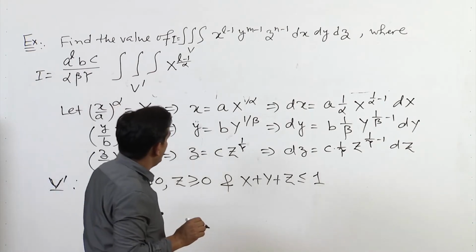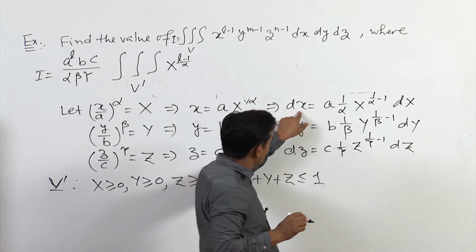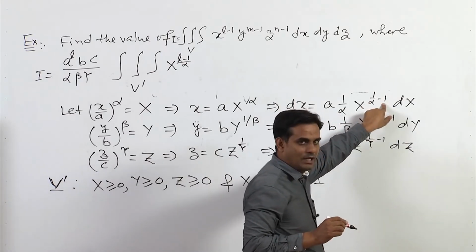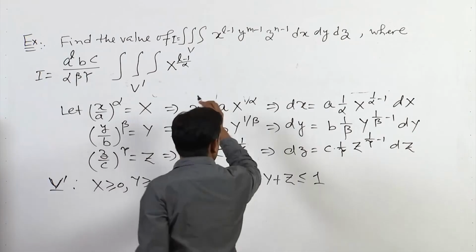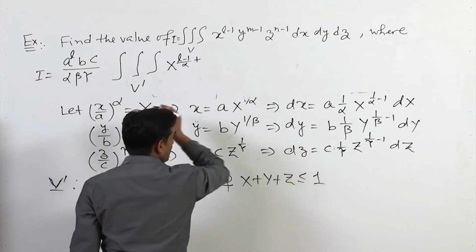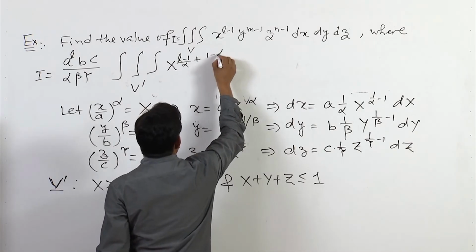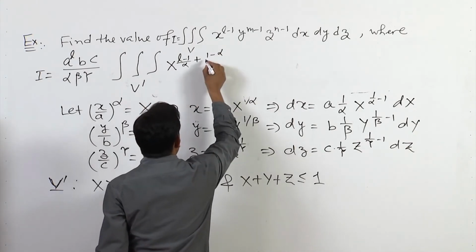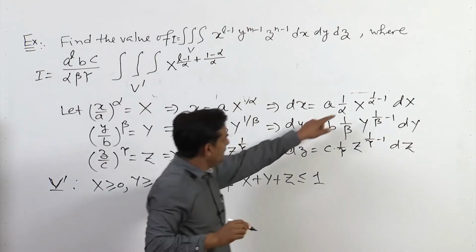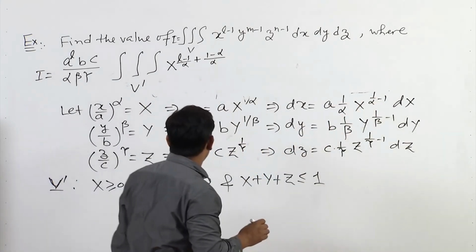Okay. And then I am getting something from dx also, x raised to power 1 upon alpha minus 1. So, it will become plus (1 minus alpha) upon alpha, because it is 1 minus alpha upon alpha.